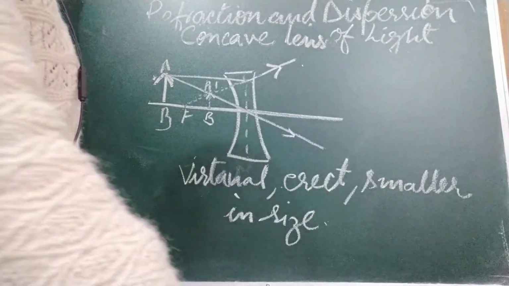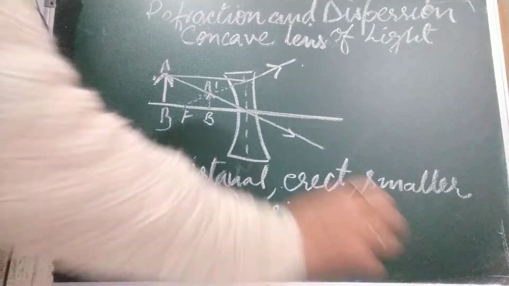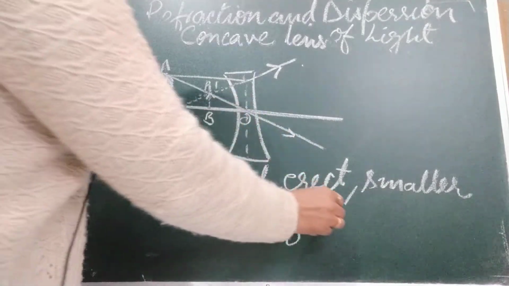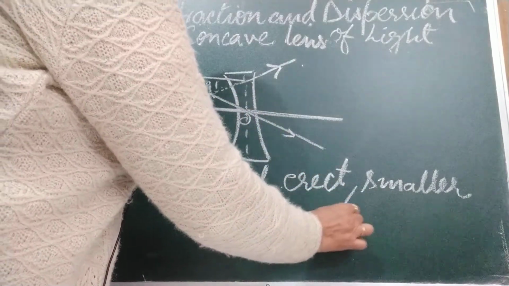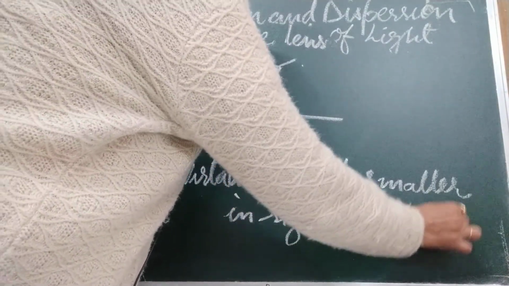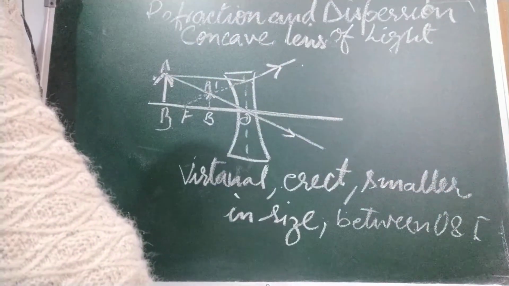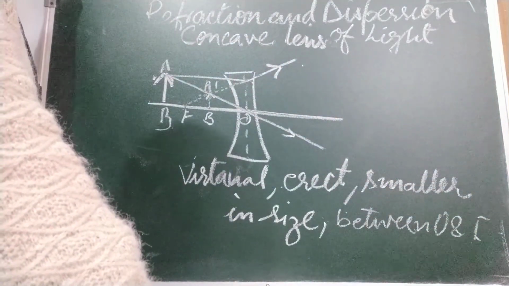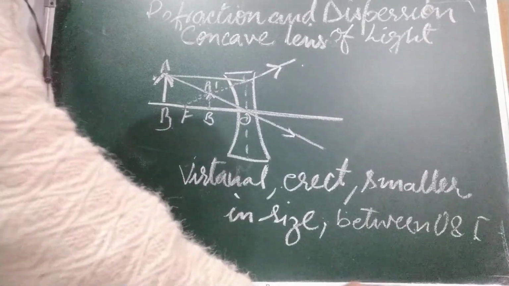It is formed between the optical center and focus, on the same side of the lens as the object. So that's all, children. Thank you.